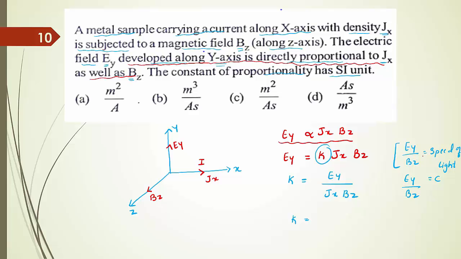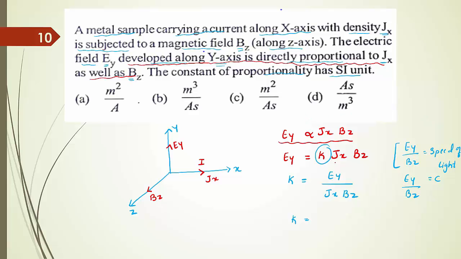Propagating means they are traveling with the same speed as light. So Ey divided by Bz equals the speed of light, denoted by C.